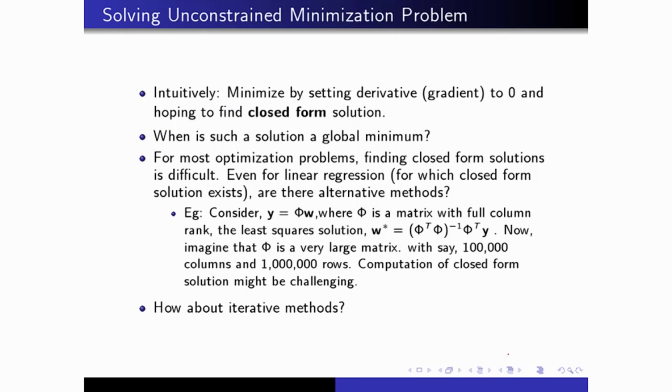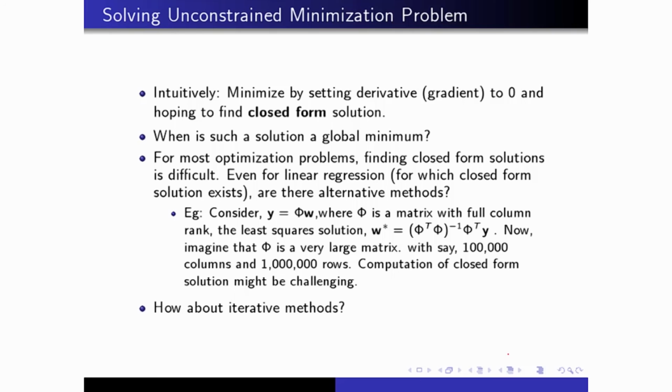I'd also bring to your attention an important point that for the unconstrained optimization problem of least squares linear regression, we were able to get a closed form solution, and the intuition is you could get that solution by setting the gradient or the derivative, which is a special case of the gradient, to 0.